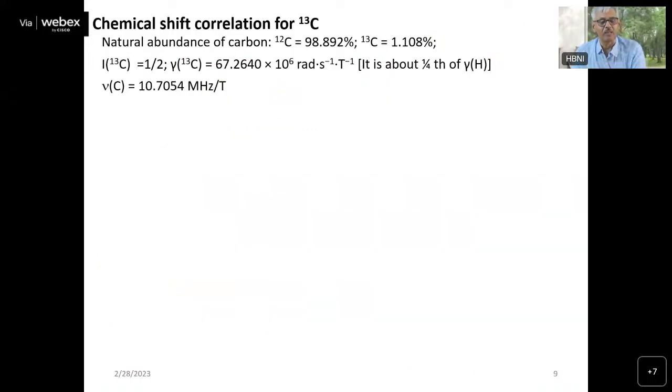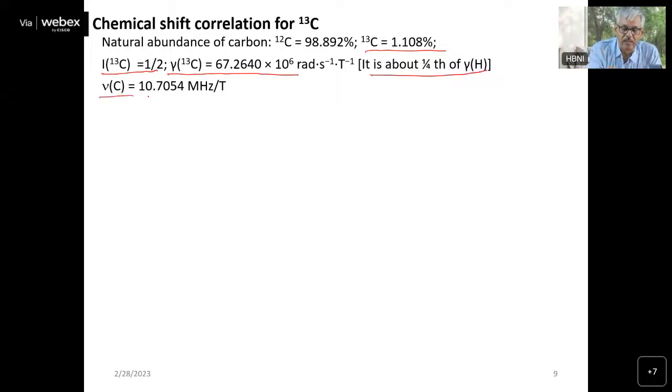Now we'll move to the chemical shift correlation for carbon-13. Now carbon-13 is like proton only, but the difference is that the natural abundance is 1.108%. Also the I value of carbon-13 is same as proton, but the gyromagnetic ratio is much less, about 1/4 of the proton.